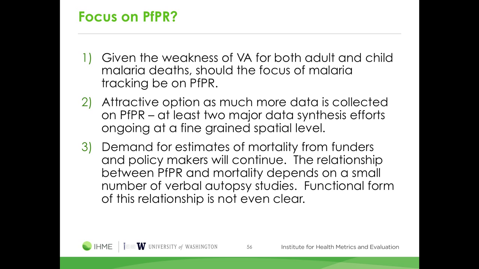I think, nevertheless, there will be a demand from funders and policymakers for information about or estimates of impact. And so even if the focus of malaria, at least not eradication, but control, is on tracking PFPR over time, then we still will have to come up with some plausible way to go from PFPR and change into death numbers.